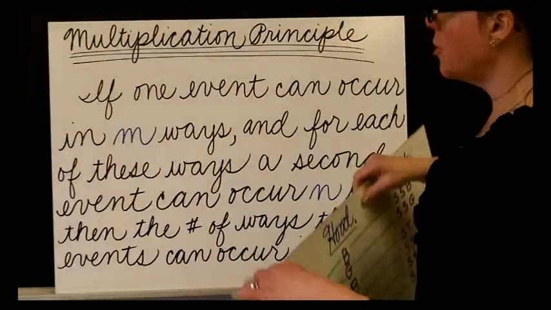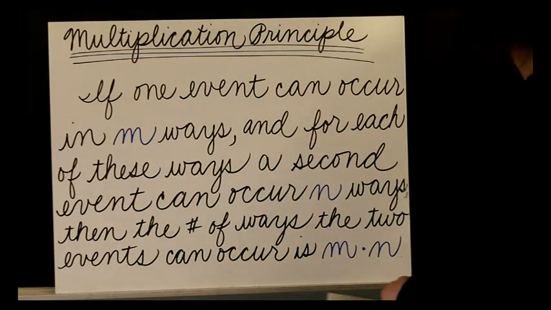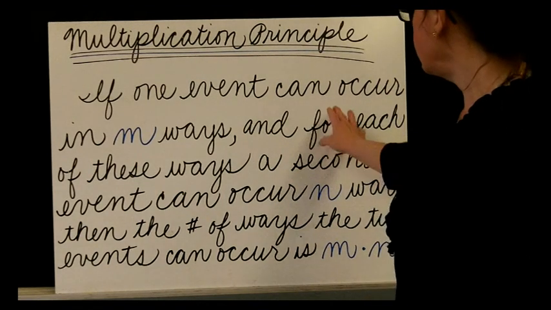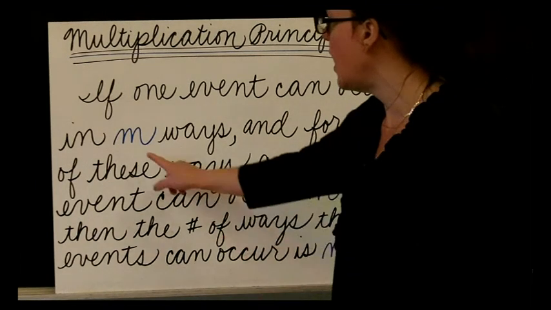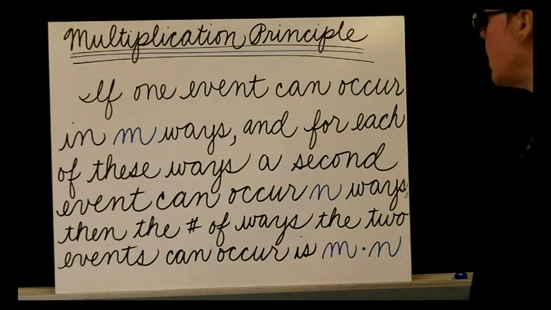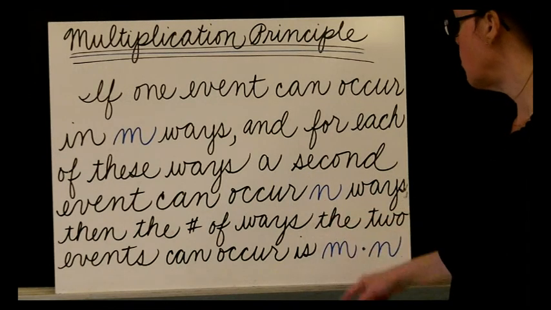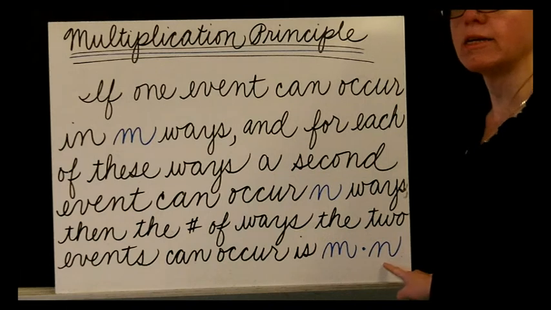Now, before we get started with our second example, I want to go over the multiplication principle. Multiplication principle: if one event can occur in m number of ways, and for each of these ways a second event can occur n ways, then the number of ways the 2 events can occur is m times n.